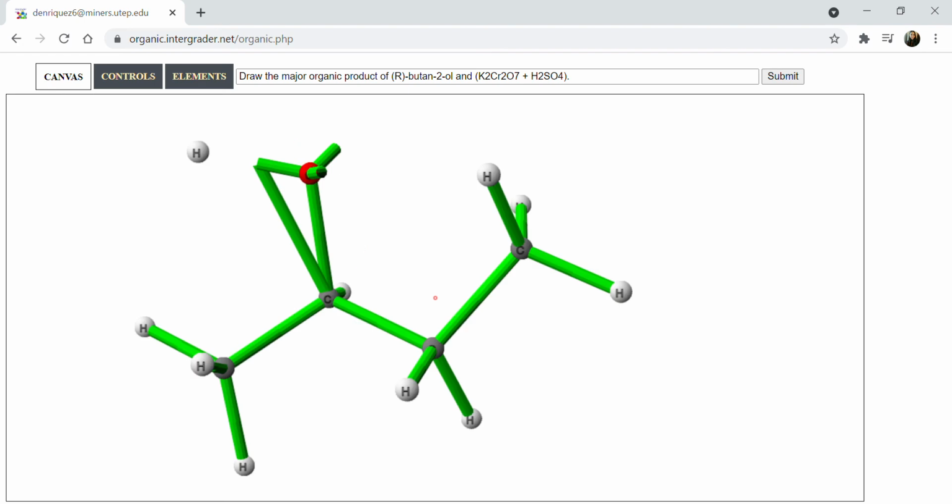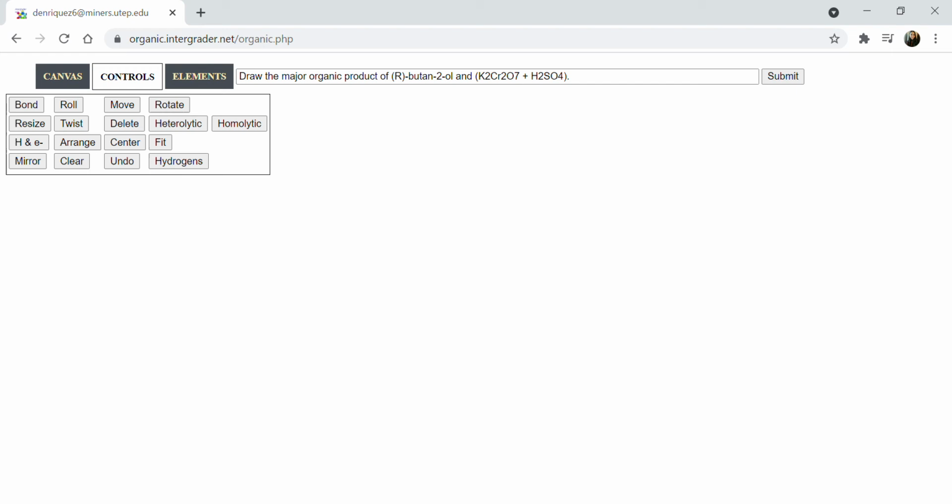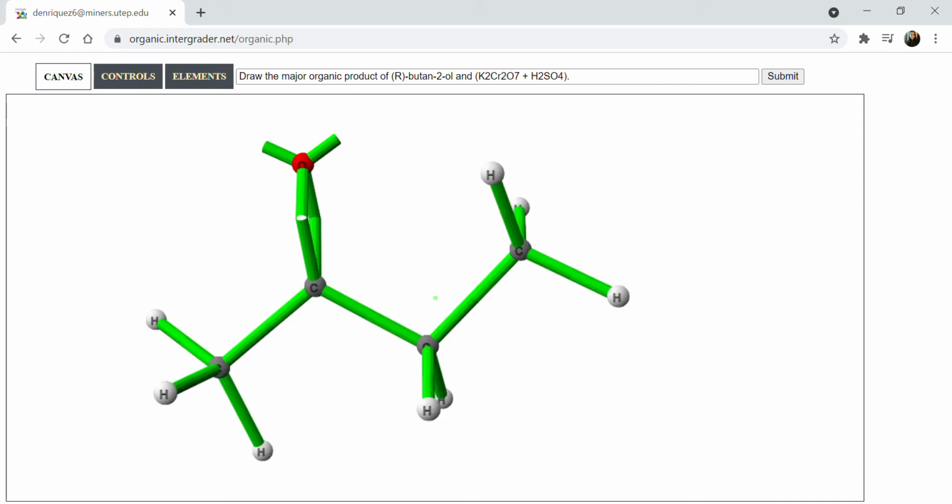Drag that, and then lastly, I'm going to delete those 2 elements, this hydrogen here, and this one in the back of my secondary carbon. Hit arrange, and that's it. We don't have to worry about what these things say for this lesson, because the secondaries will always make a ketone.